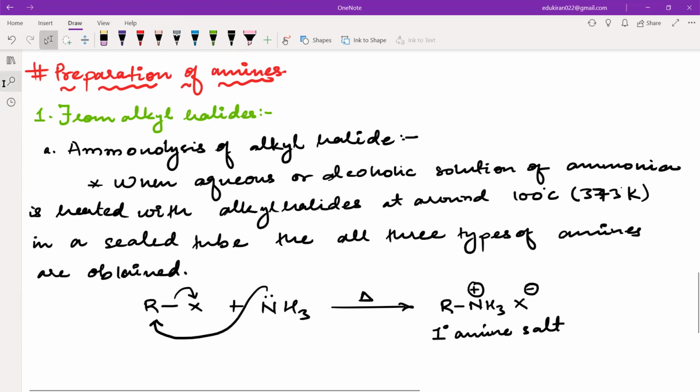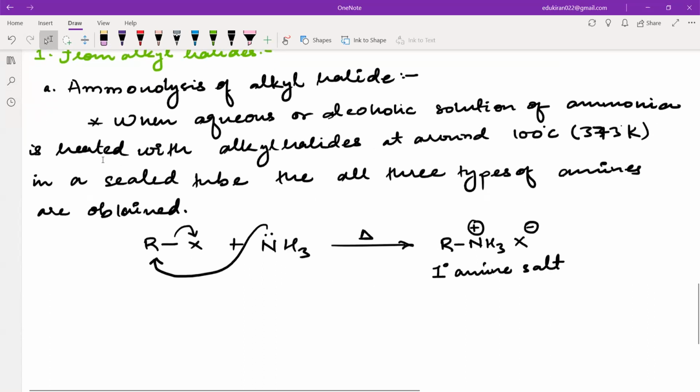Then what happens? We react this 1 degree amine salt, RNH3 positive and X negative, with some other molecules of NH3 present there.